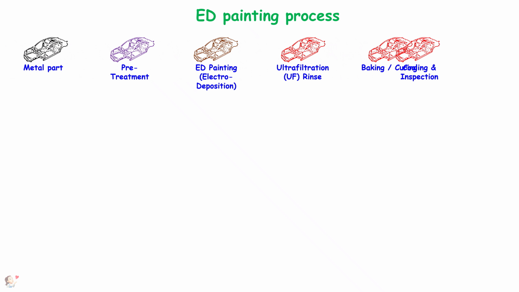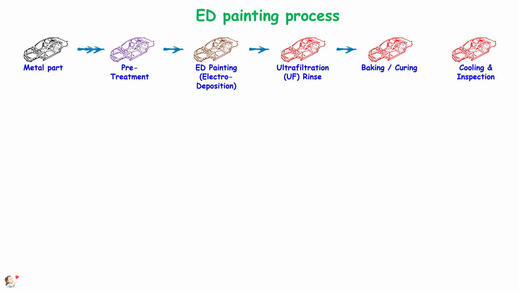Typically, there are 5 main steps to complete an ED painting process. Starting with preparing the metal part, the ED painting process includes the following steps in order: pretreatment, electro-deposition, ultrafiltration rinse, baking or curing, cooling, and inspection. Let's explore each step in more detail.